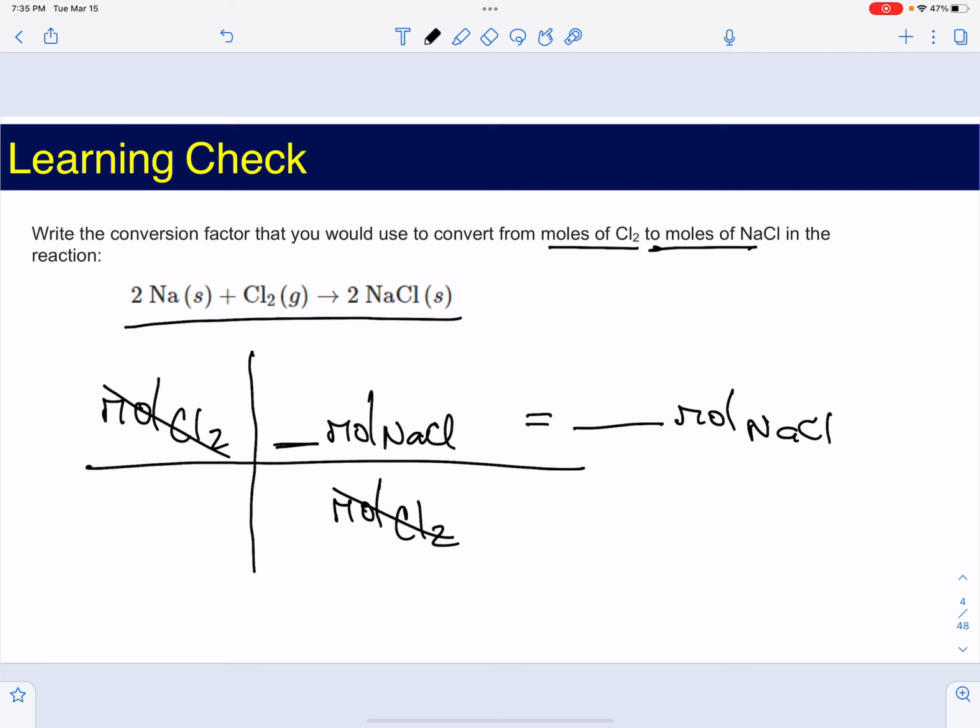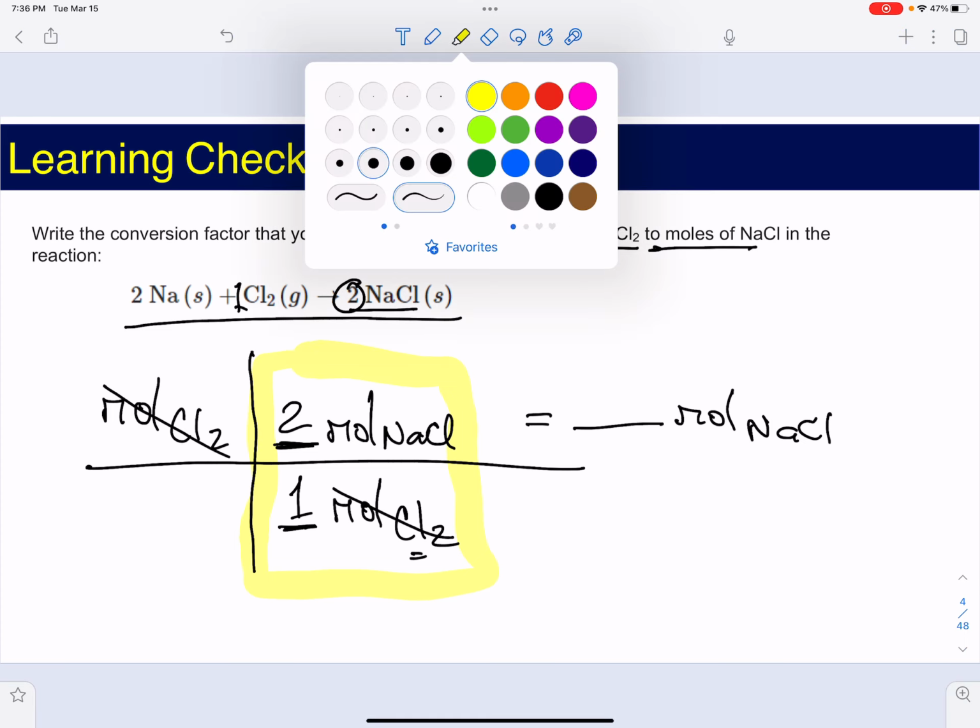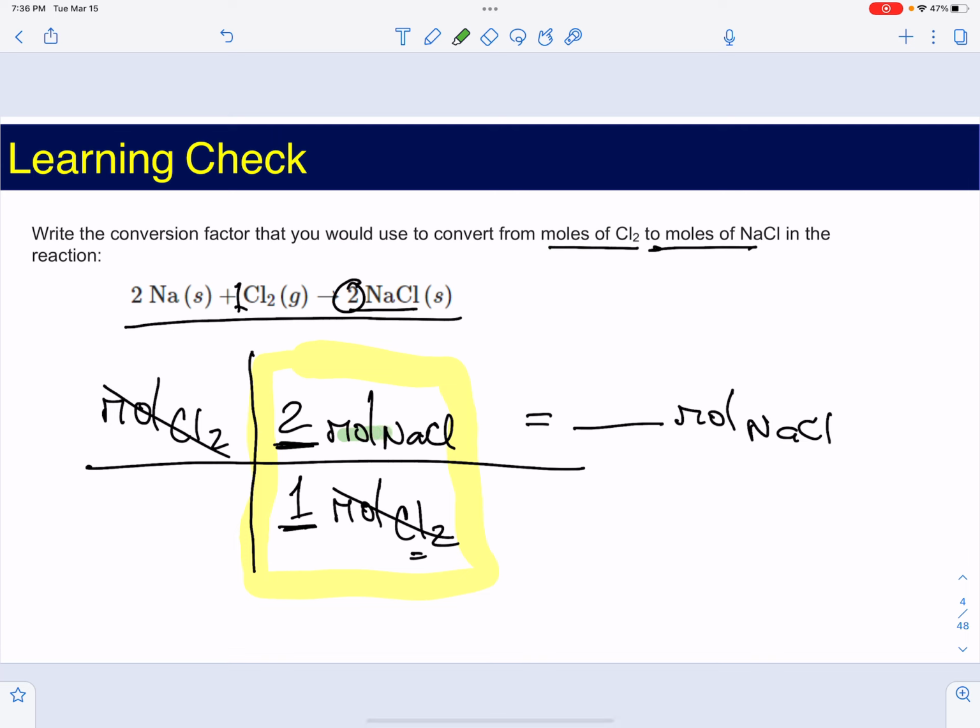And the question is, where are we going to get these numbers from? Well, we're going to go to the balance equation, and the moles of NaCl are going to be 2. The moles of chlorine are going to be 1. So we just built a conversion factor. And this conversion factor is 2 moles of NaCl per 1 mole of chlorine.